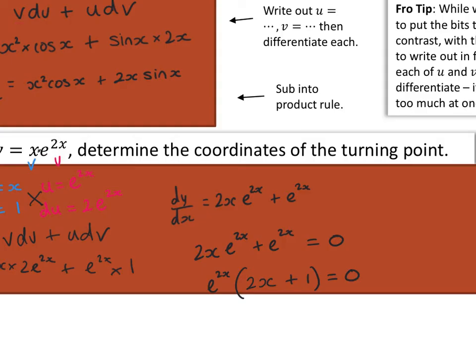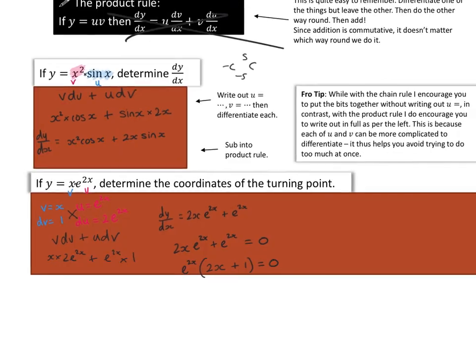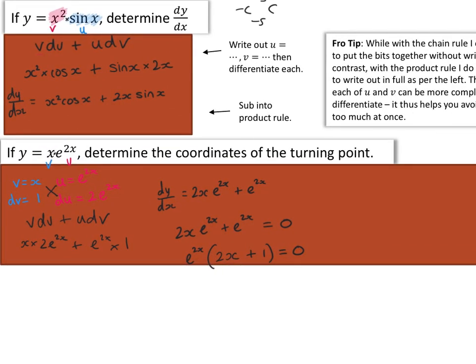So then, for this to equal 0, and people always underestimate this, I need to know, when does e to the power of 2x equal 0, and when does 2x plus 1 equal 0? When does e to the power of 2x equal 0? Does anyone know? This equals 0.